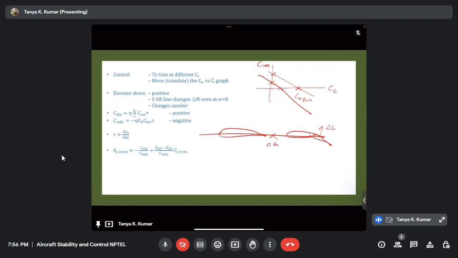It's very visible from this. So it produces nose down. This is what happens when you deflect your elevator down.